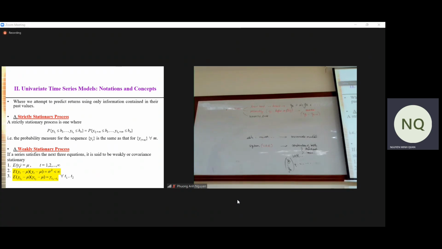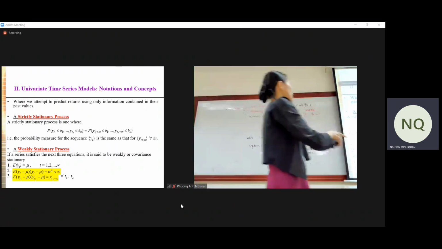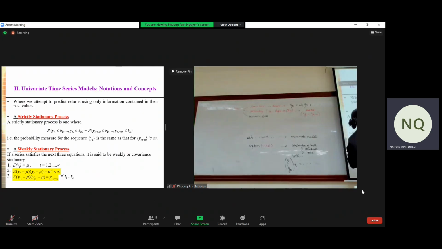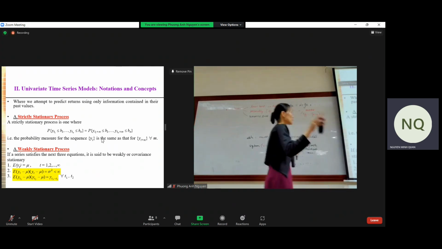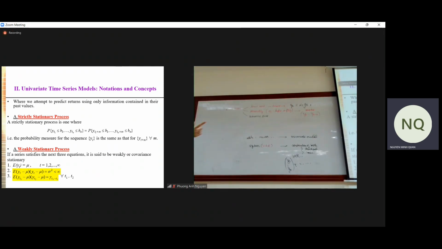Then the series is said to be strictly stationary when the probability measure for the sequence yt is the same as for yt plus or minus m. So the probability of this event is the same as the probability of the same event with yt plus m.